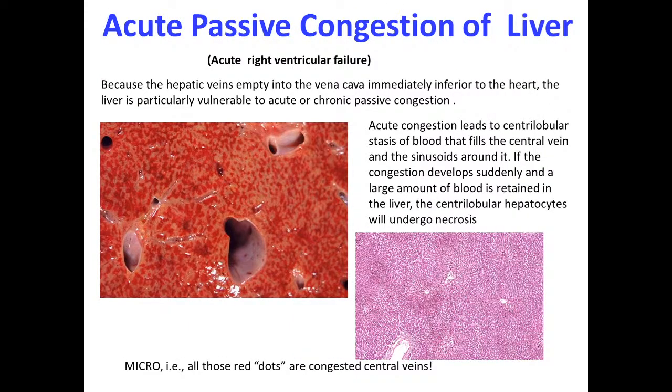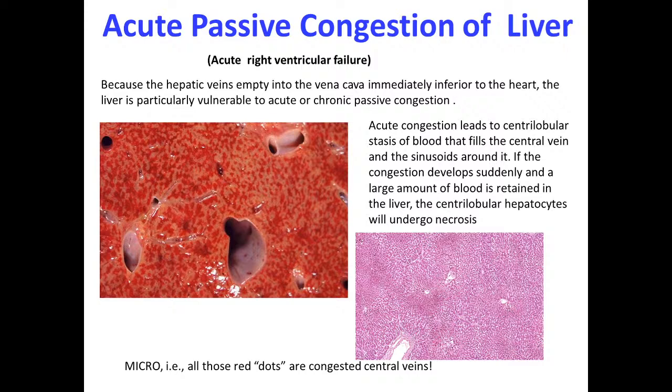Acute passive congestion of the liver can become severe with acute right ventricular failure. A generalized increase in venous pressure, typically from chronic heart failure, results in slow blood flow, stasis, and a consequent increase in blood volume in many organs, including the liver, spleen, and kidneys.